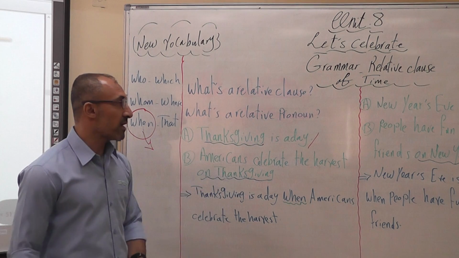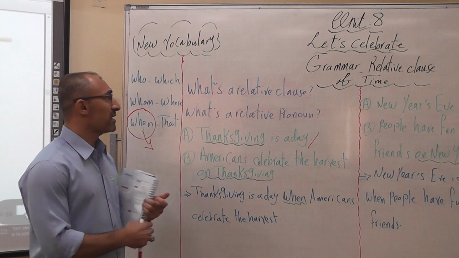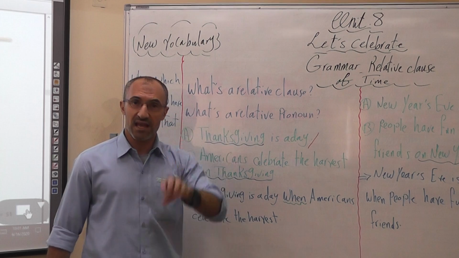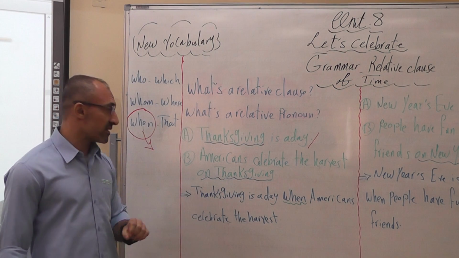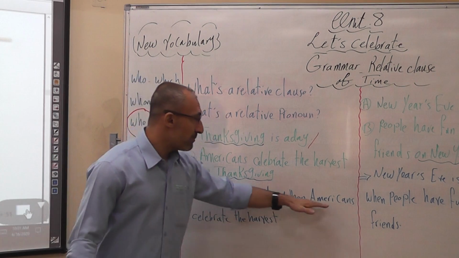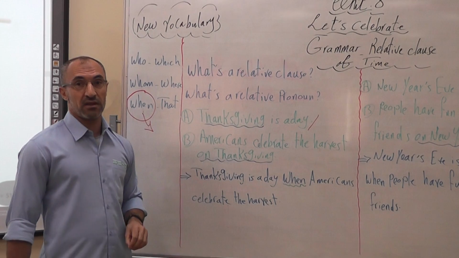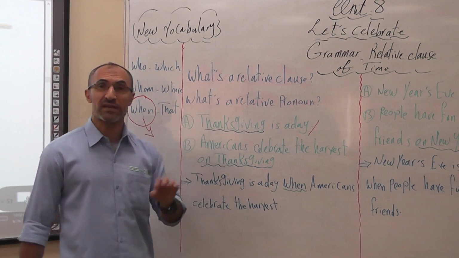Okay? So, if we go back to the definition of a relative clause, we said that it's a part of a sentence. So, when Americans celebrate the harvest is a part of a sentence that cannot exist independently or separately.